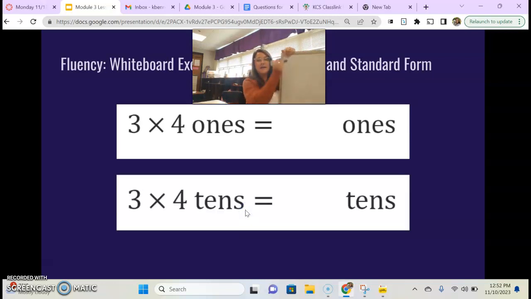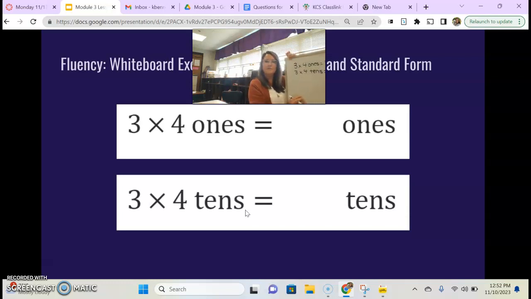Now, if I were to ask you to use that equation to solve 3 times 4 tens, what would you say?